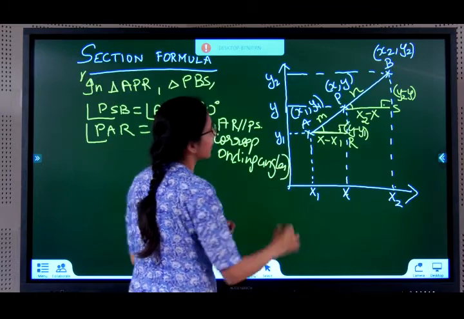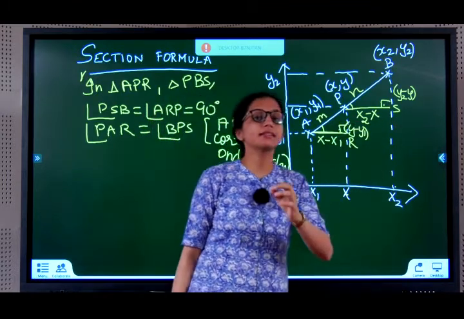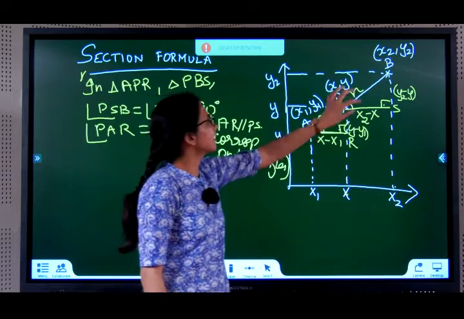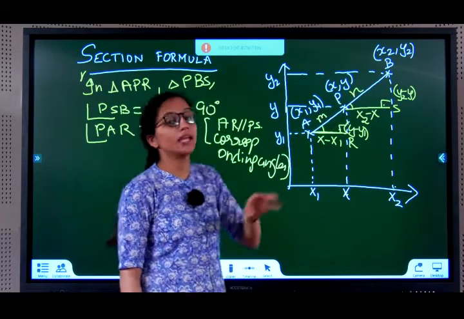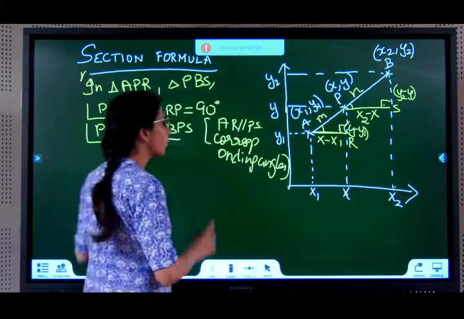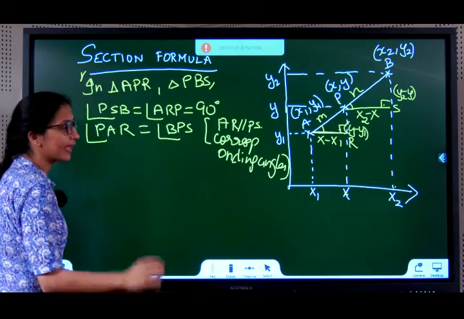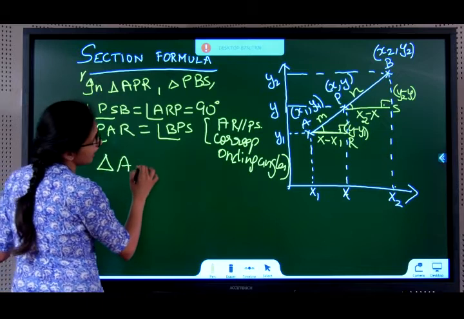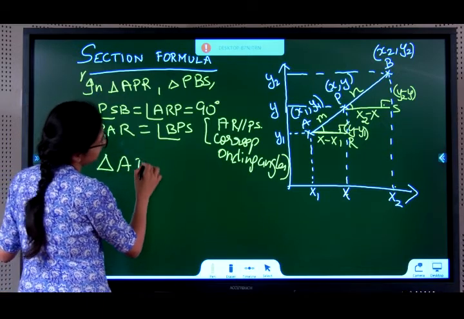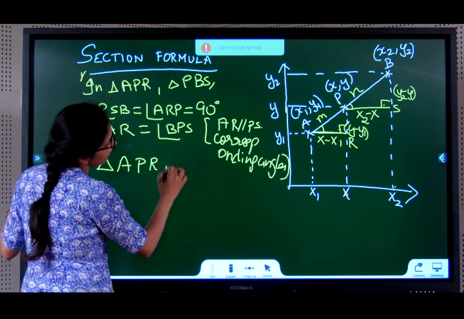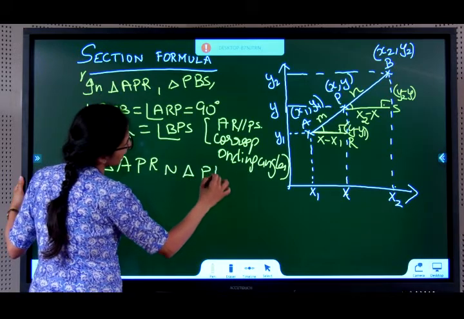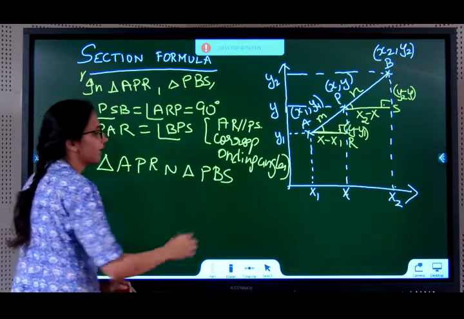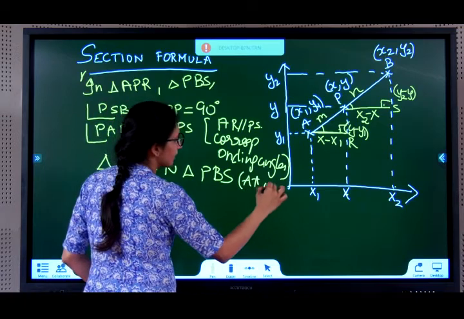In two triangles, if two angles are equal, then the two triangles are said to be similar. Which criteria is this? AA similarity criteria. So I can say triangle APR is similar to triangle PBS. Why? AA similarity criteria.